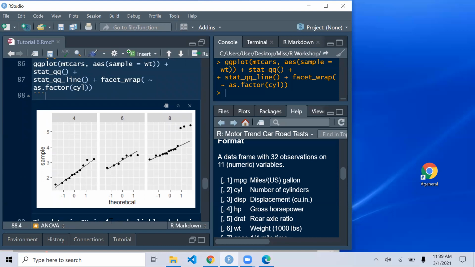But did anyone see an obvious problem with one of the data sets? There's one that has a really serious problem. Does anyone see which one it is? Yeah, there's something wrong with 8, basically.